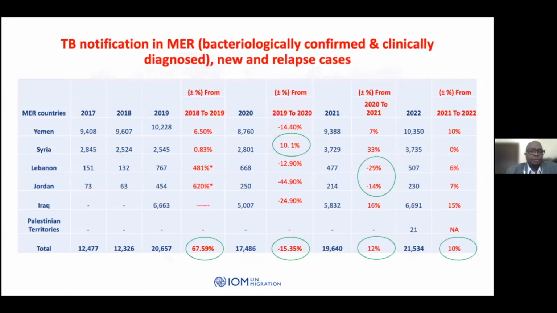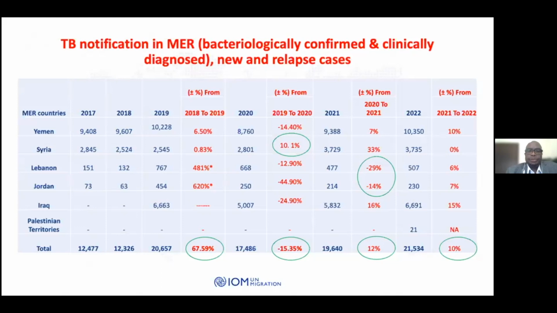You'll see also asterisks on Jordan and Lebanon. This is because previously we were recording refugee and migrant numbers only, excluding host populations. So this, of course, has changed.